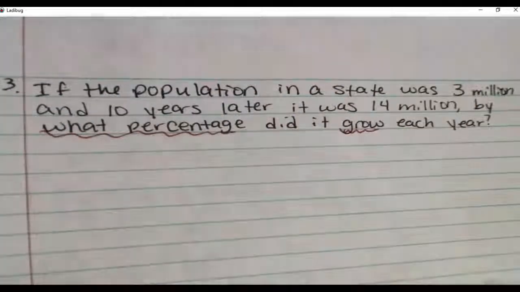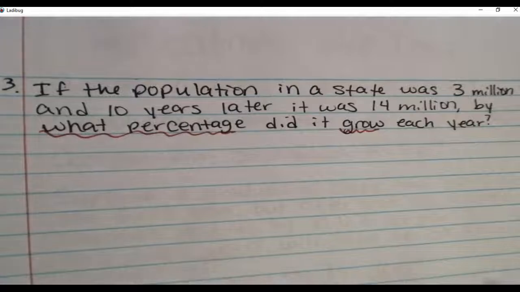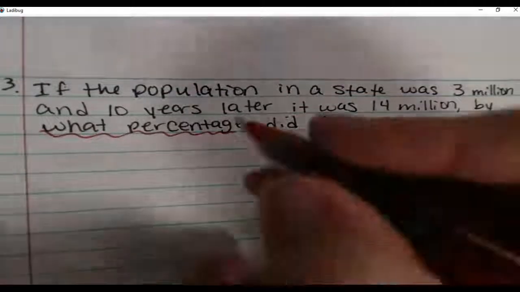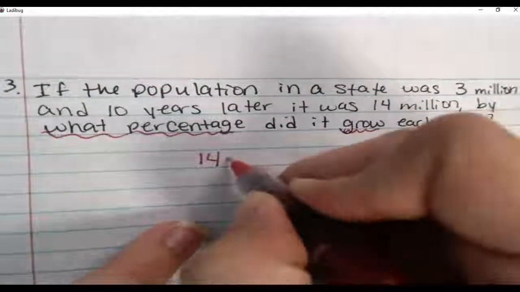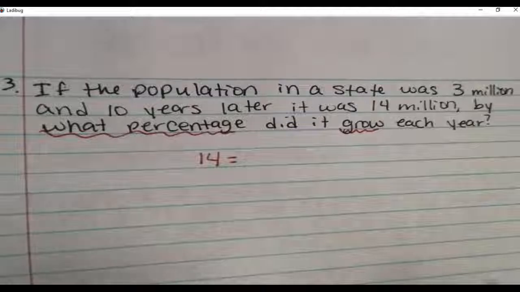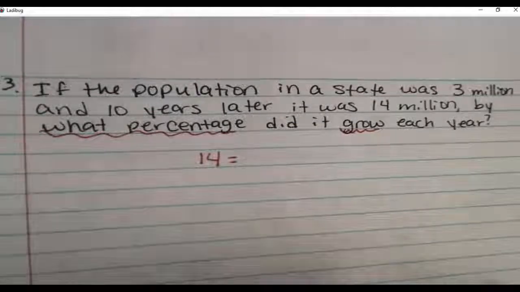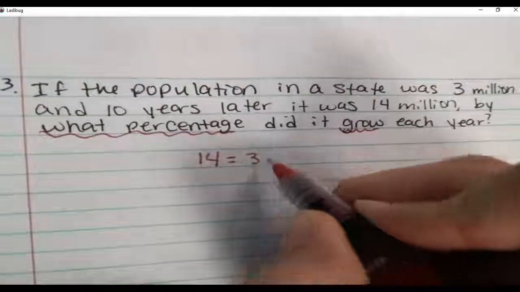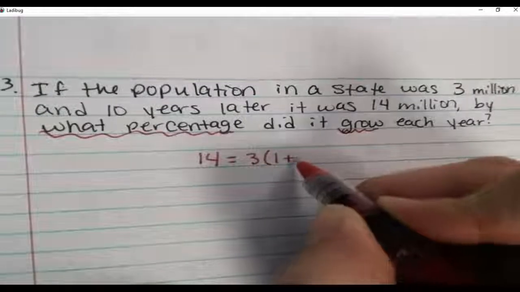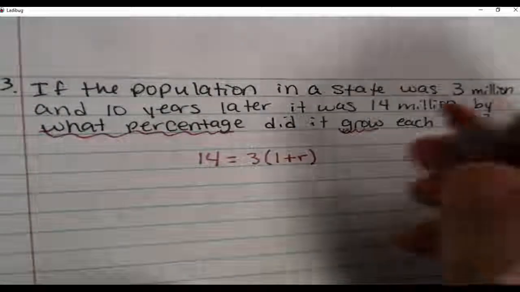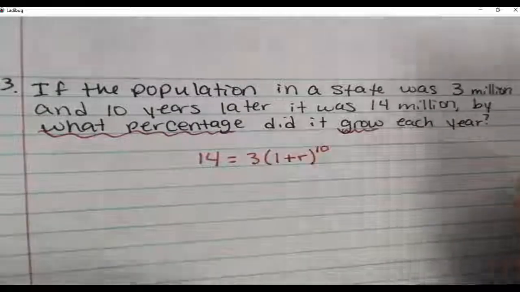Okay, so we know everything except r. So y is how many we have at the end of this 10 years. How many are there at the end of 10 years? Yeah, 14. So 14 equals, what was the population to start with? 3. And it's growing, so 1 plus r. And then we're looking at 10 years later.